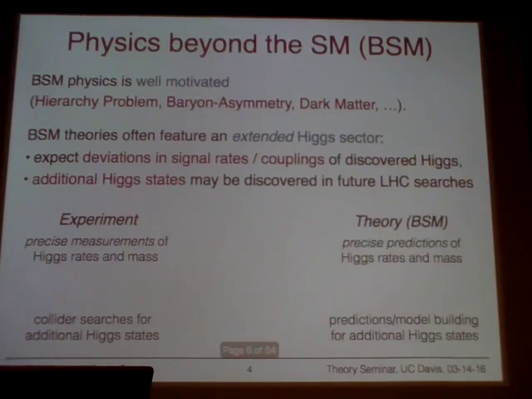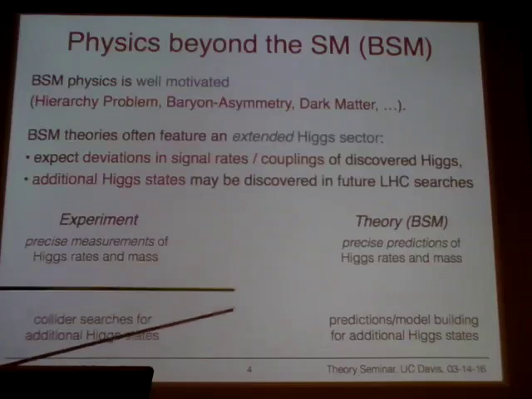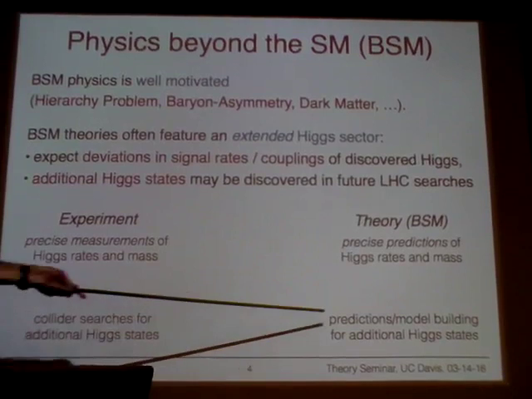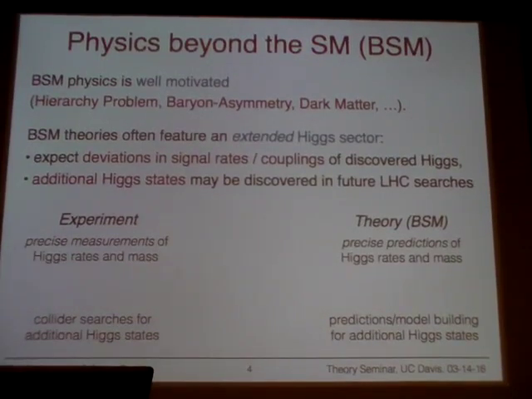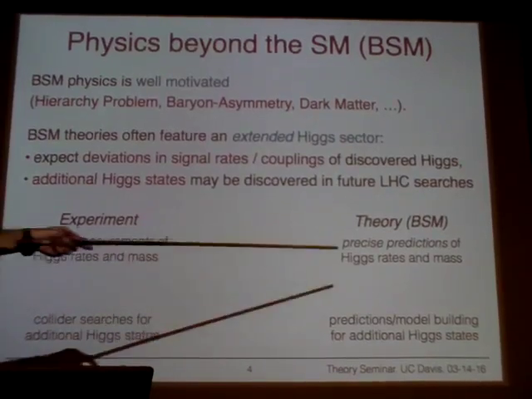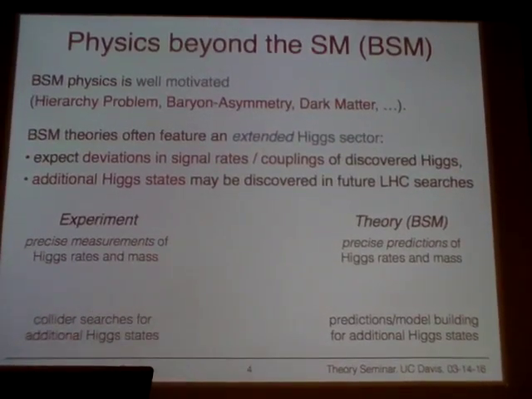On the theory side, at least in the BSM community, we have to study in our favorite models really precisely what the predictions are for these rates and the masses in order to study the constraints. And also we have to predict where to look for the additional Higgs states. But we should also not forget that we need something which communicates between experiment and theory.